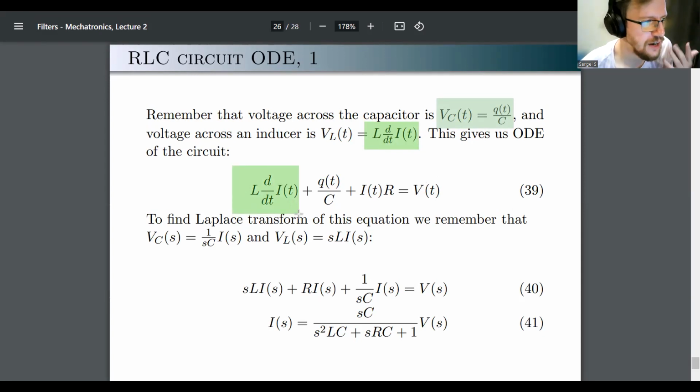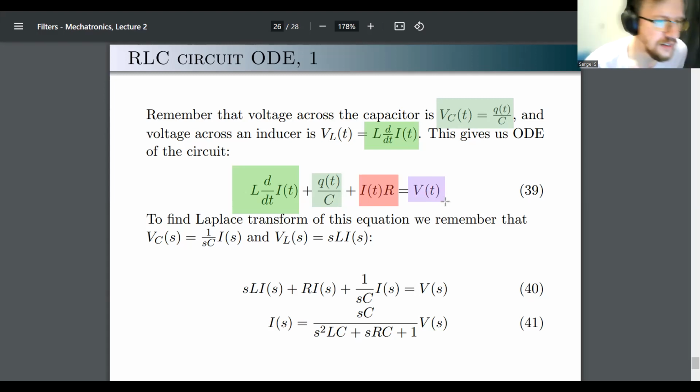An RLC circuit is basically just three elements: resistor, capacitor, and inductor, strung together. And we have the input voltage. So the Kirchhoff voltage law tells us that the three loads will have a sum of voltages equal to the input voltage. So here is the characteristic equation of the inductor. Here is the equation of the capacitor, familiar from this lecture. Here is Ohm's law. And we have our favorite input voltage.